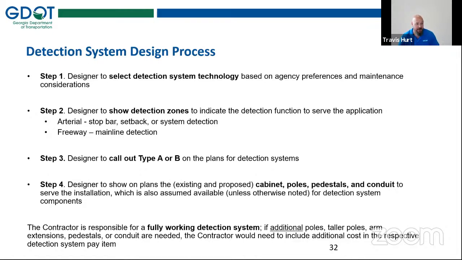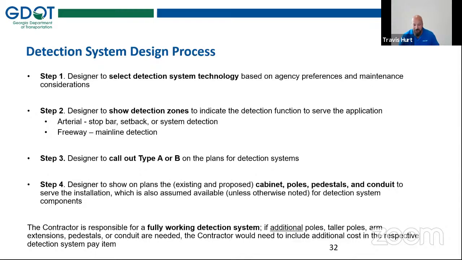And then, as always, show the detection zones. If they're virtual zones, show where they're intended to be. If they're loops, obviously show the loops. We're still trying to show the whole system, but then we need to make sure to call out which type of system we're talking about, A or B. And again, as always, we're going to show all of the supporting infrastructure for the installation.